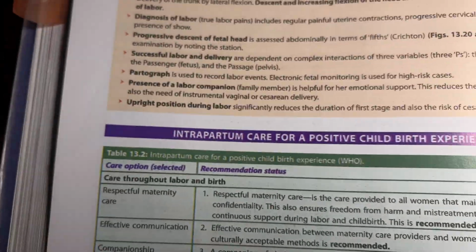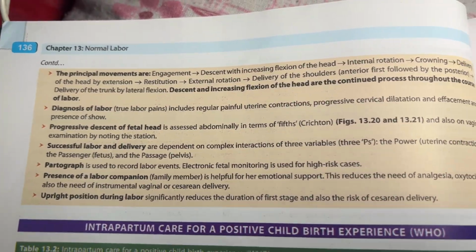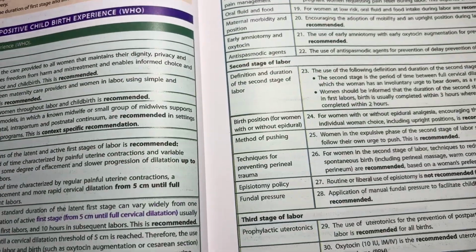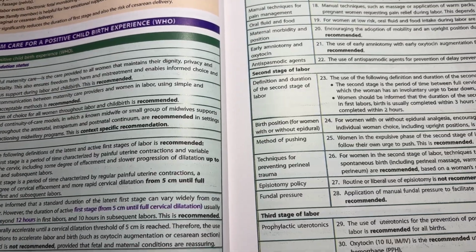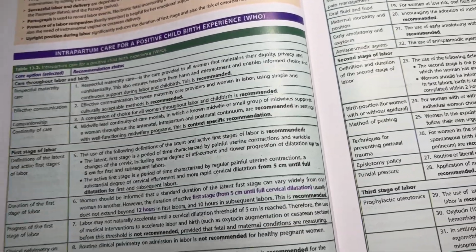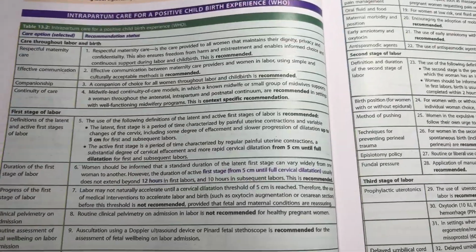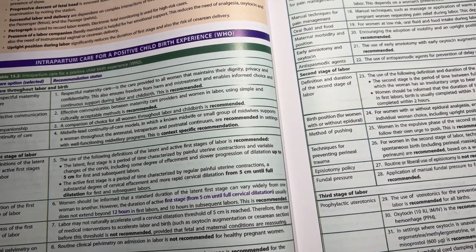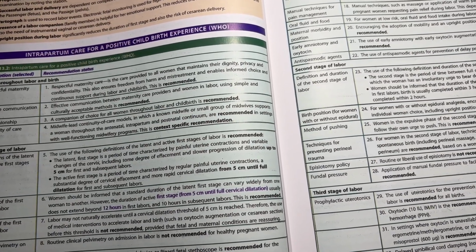There are many things we have to know about labor, but I have explained the main things thoroughly. So if there is any doubt, please comment. I will try again to help you understand better.